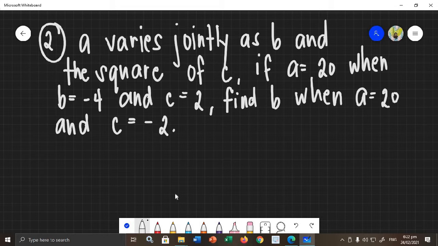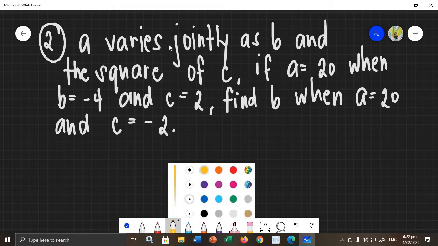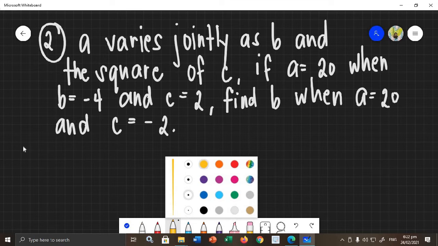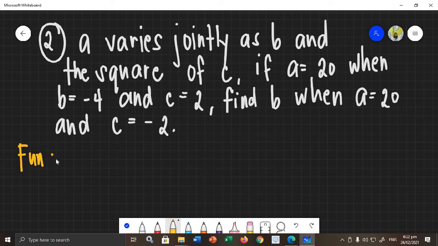So again, using the first statement here in the problem, we can derive our function. So a varies jointly as b and the square of c can be written as a is equal to k, jointly as b.